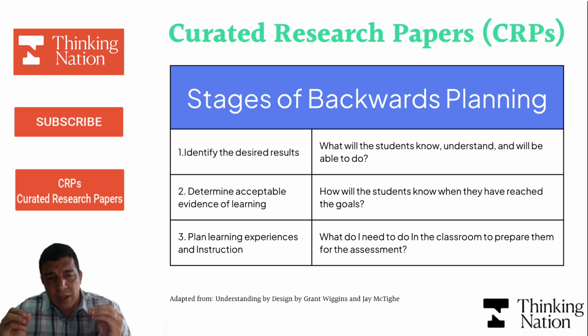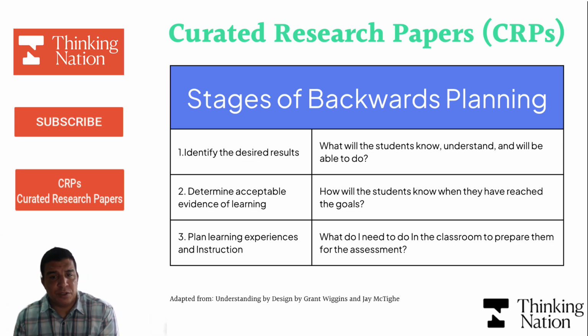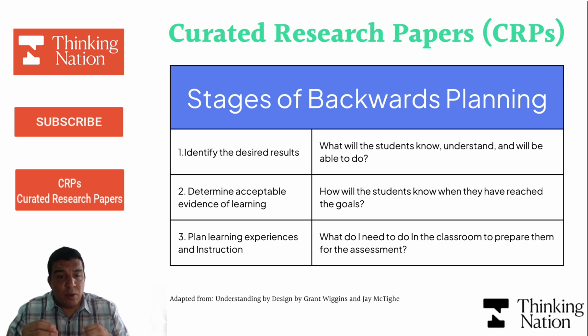The very first step in backwards planning that's essential to student learning is identifying the results. So our result here is that we want students to be able to write a curated research paper on a specific topic. We determine the acceptable evidence of learning, and we plan learning exercises and instruction around that.